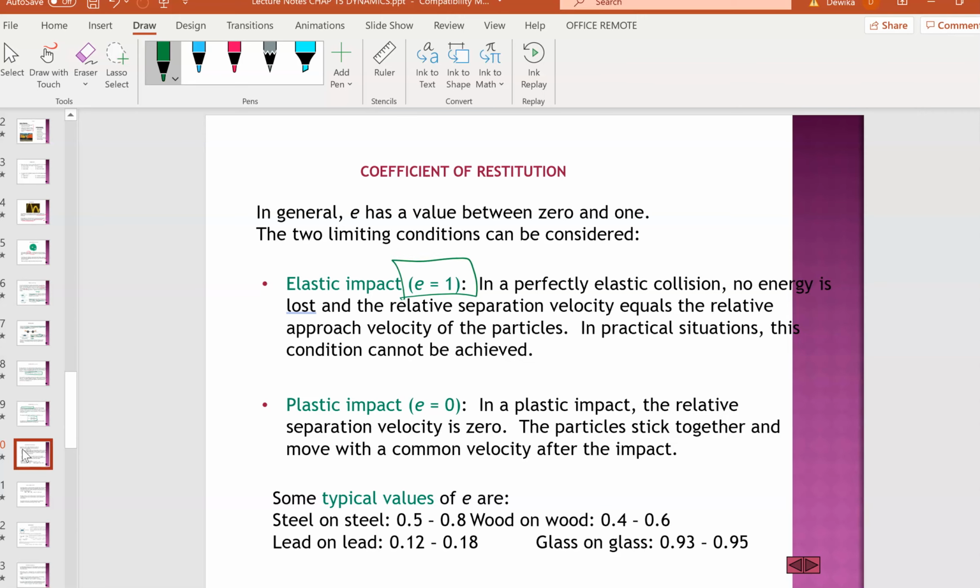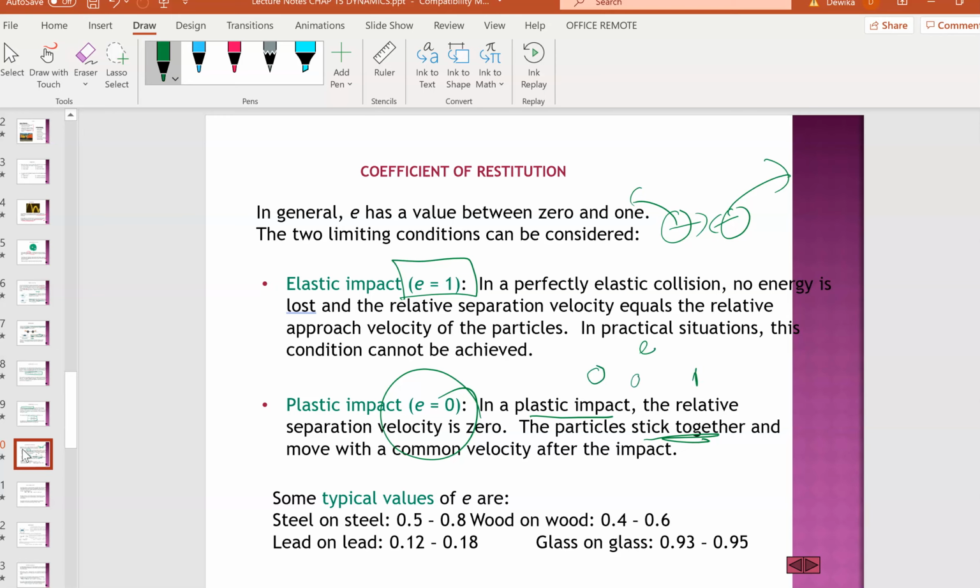With elastic impact, practically the particles collide and bounce back, with very minimal damage. But if E is 0, then it's a plastic impact. It means they get stuck together and move together. So we have E between 0 and 1.